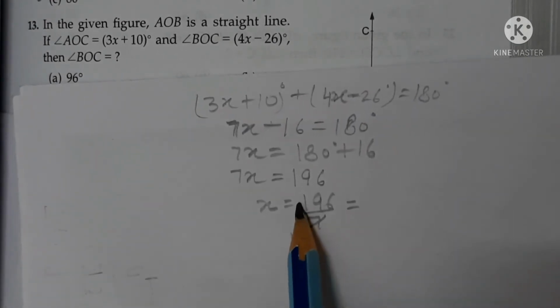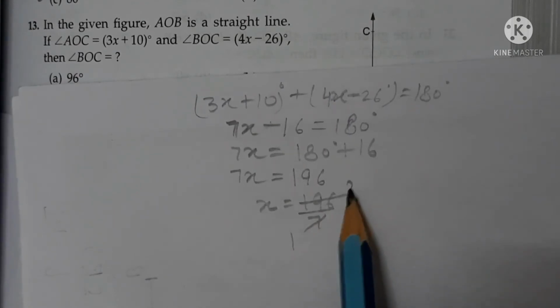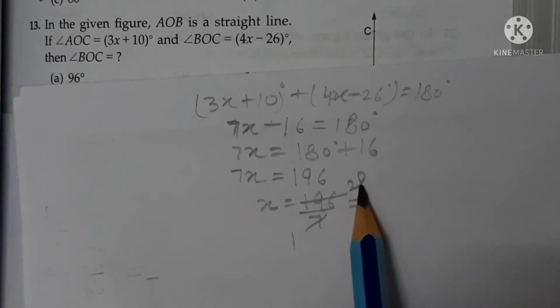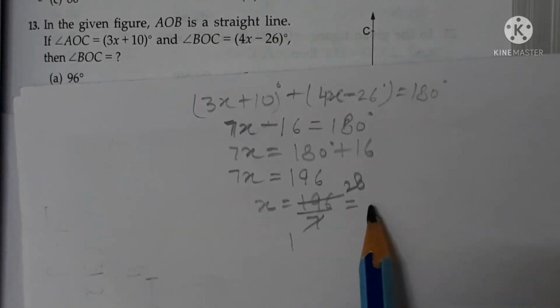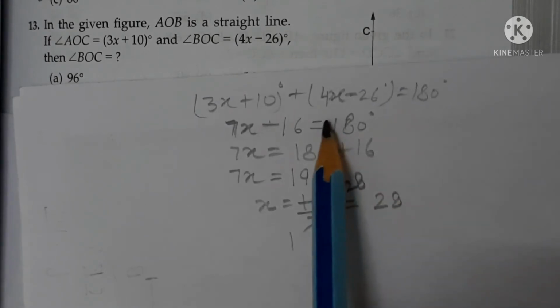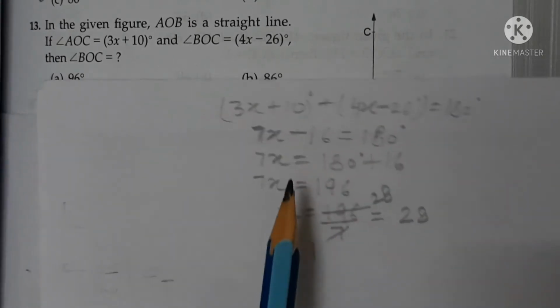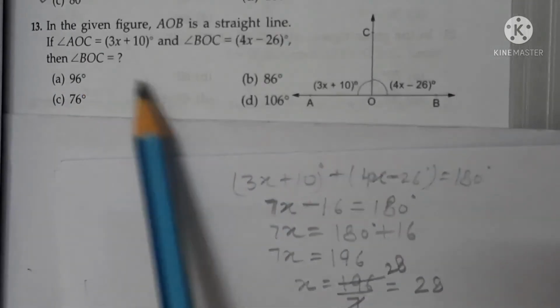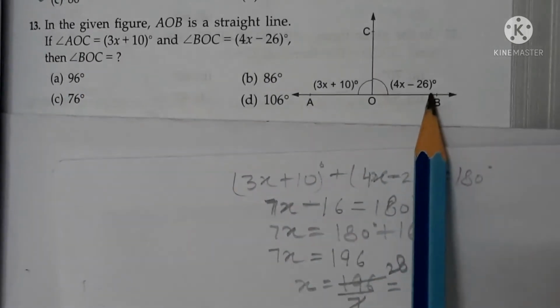Let's see. So you will get the value of x like this. 7x is 56. Here x is equal to 28. Now which angle do we have to find? Angle BOC, 4x minus 26.